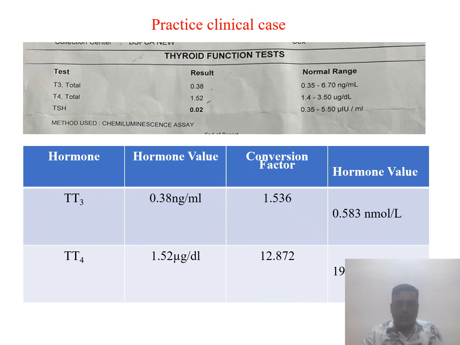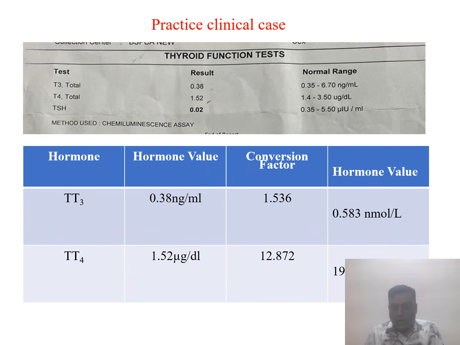Now we can see here, we analyze a practical clinical case. In this case, total T3 is 0.38, and the unit is ng per ml. We need to convert it to a hormonal value in nanomole per liter. So what is the conversion factor we need to use? 1.536. At the same time, total T4 is 1.52 microgram per dl.